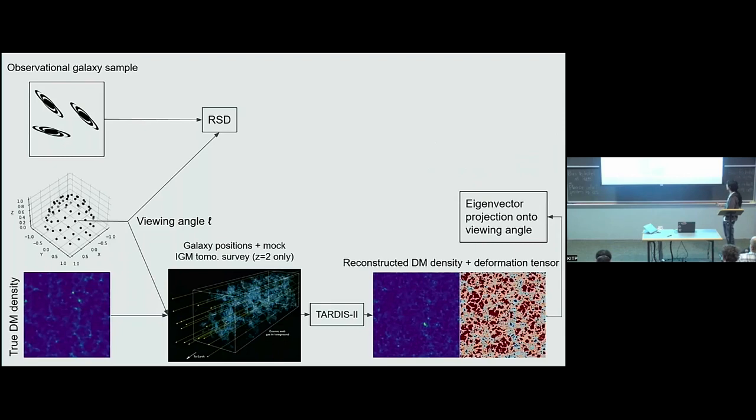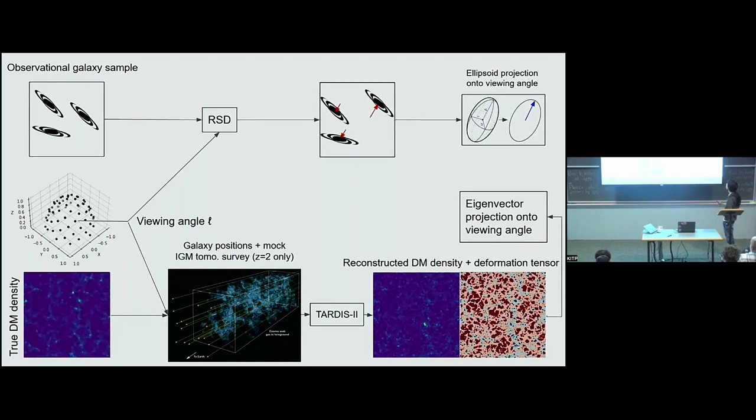We run this mock observational survey through Ben's TARDIS code to get a reconstructed cosmic web. And we also take the redshift space distorted galaxies and project their shapes onto the plane normal to the viewing angle. We do the same with the cosmic web eigenvectors.